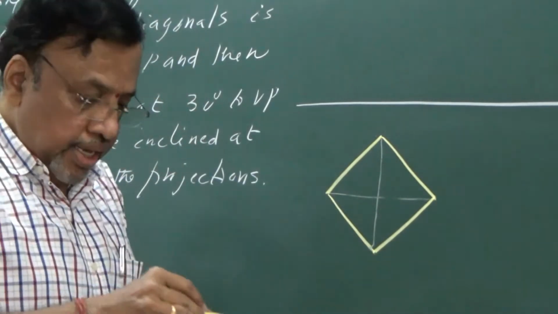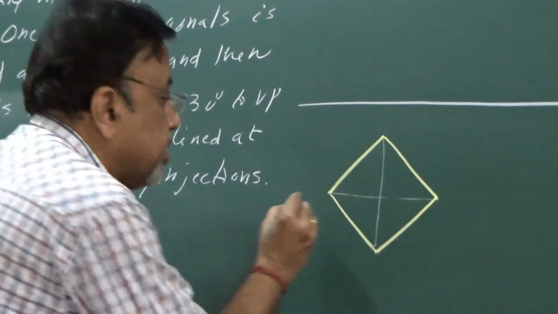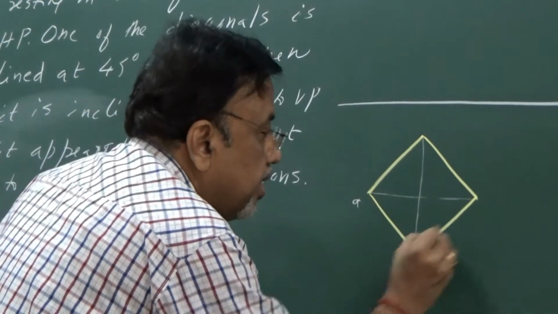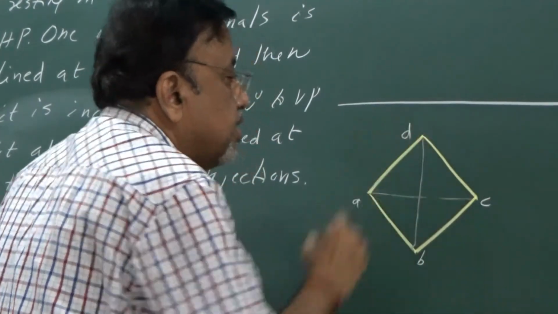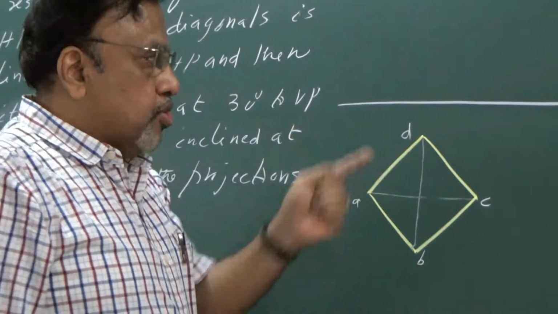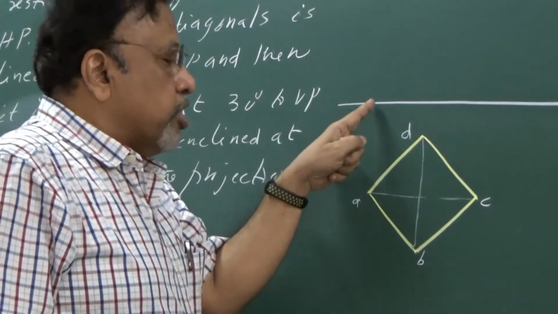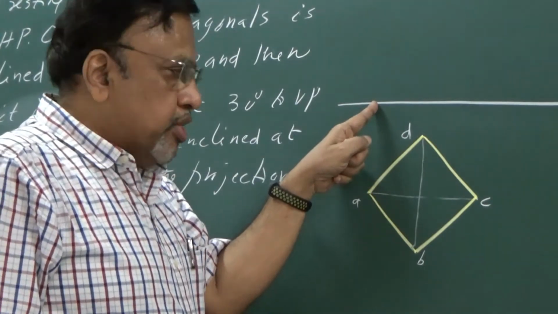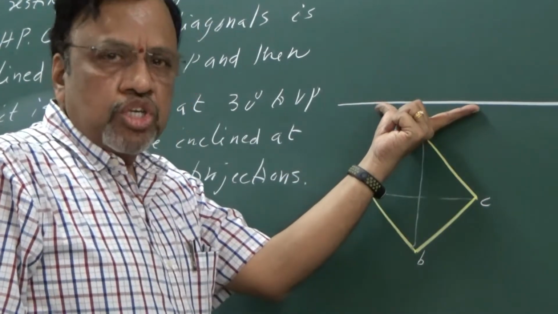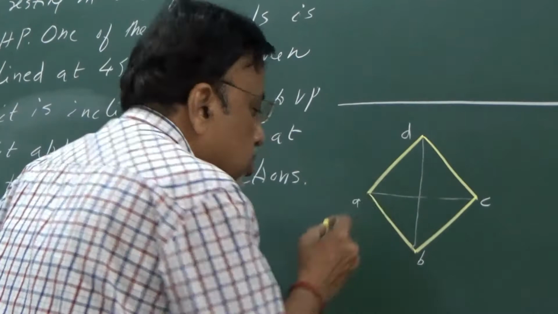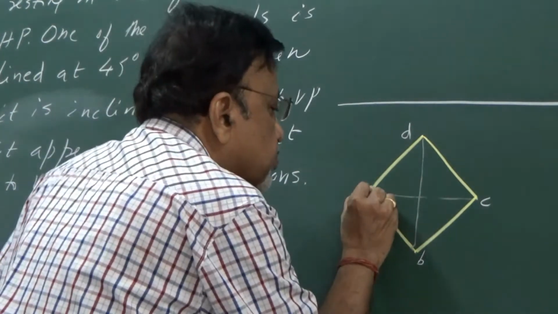Okay, so I have just drawn the square. So as usual, I can just name them A, B, C, D. Then I need to draw the corresponding front view. Since I wanted this corner to rest on HP, what I do is I will consider the entire lamina to be resting on HP itself. So draw the projectors.